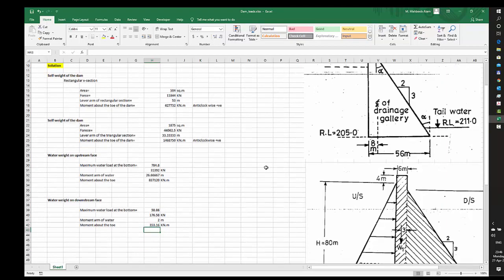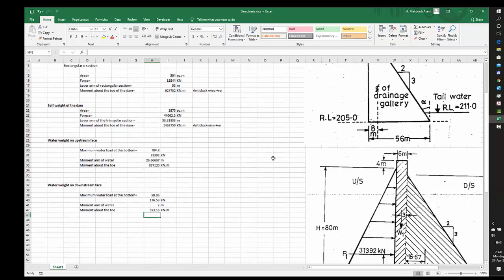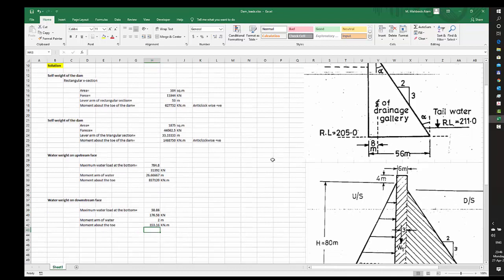Now these are all the forces. We have the self weight of the dam, and then we have the horizontal forces on the dam acting on the upstream side and on the downstream side. If I am calculating the resultant horizontal force, what would it be equal to?